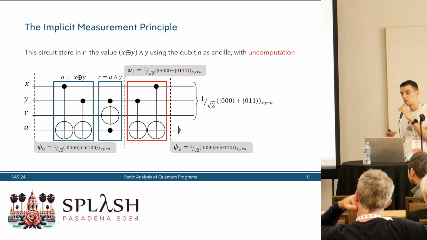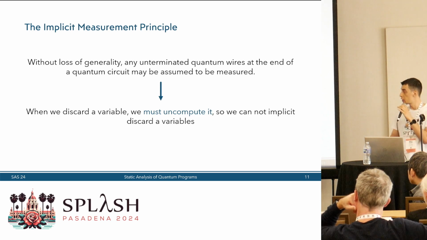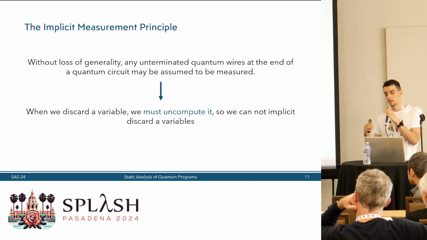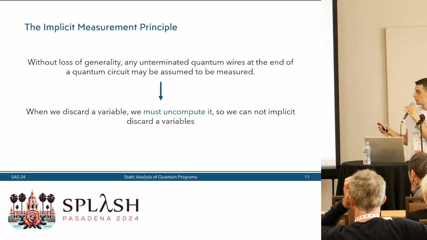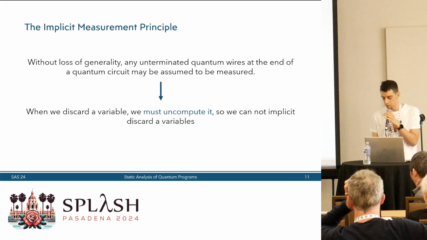So in a high-level view, the implicit measurement principle implies that if we have a program, we need to take care which are the variables that are temporary, in order to pay attention when we decide to deallocate these variables. So in general, we need to take care when there is a discarding of some variable.